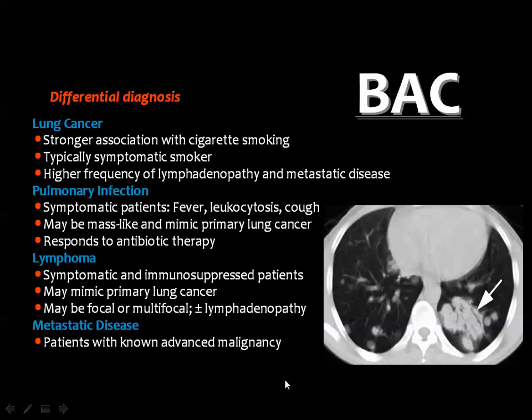Then if you have the CT scan and you can see this particular appearance, which is a mass or nodule with internal air bronchogram, this may lead you to think of one of three: round pneumonia, bronchoalveolar carcinoma, and lymphoma.